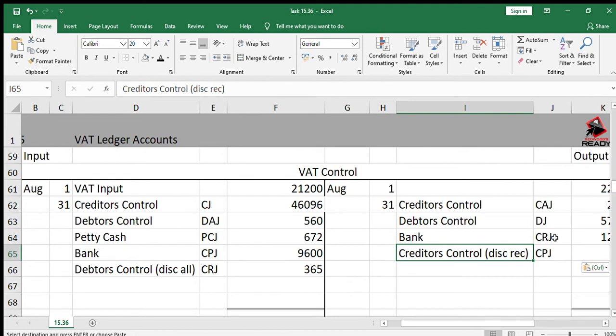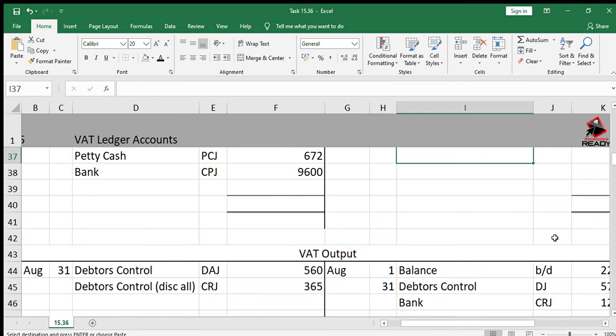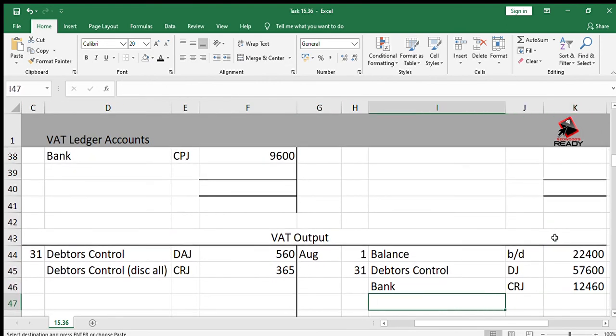Then 10.3, the owner took stock at cost price 8,000 excluding VAT. So when the owner takes goods, it's regarded as VAT output because the goods are leaving the premises. VAT output, it's almost like sales, but it's not sales because it's actually drawings.